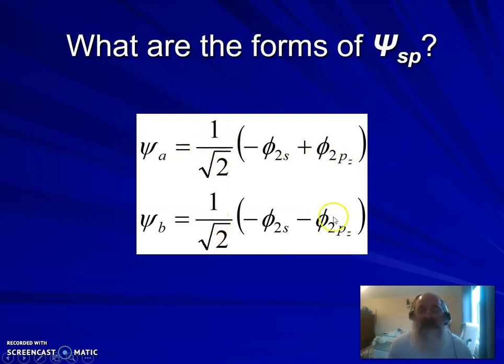But since z is the only one hybridizing with it, and it has to normalize in this direction, they have to be square root of 1 over 2 as well. So the sp hybridization is a fairly simple situation.